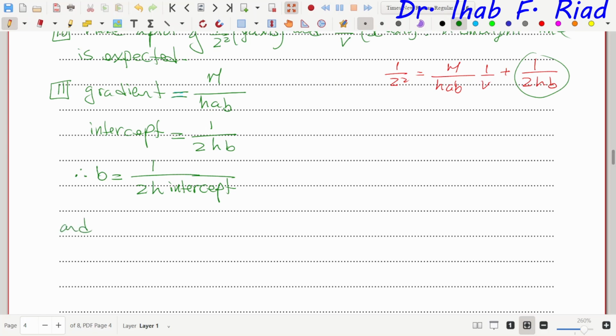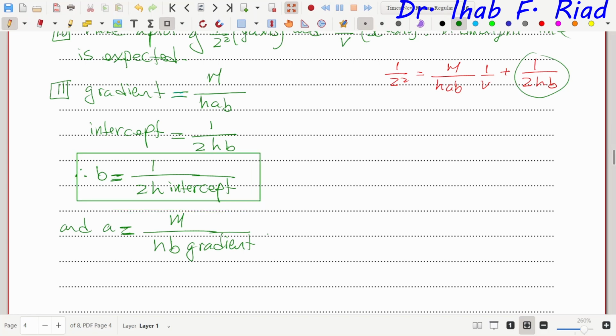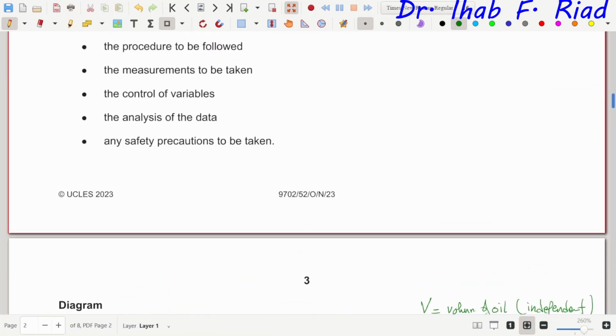And if we know B, now we can calculate A. A is equal, from here, to m over hb times the gradient. Okay, now I think we are almost there.